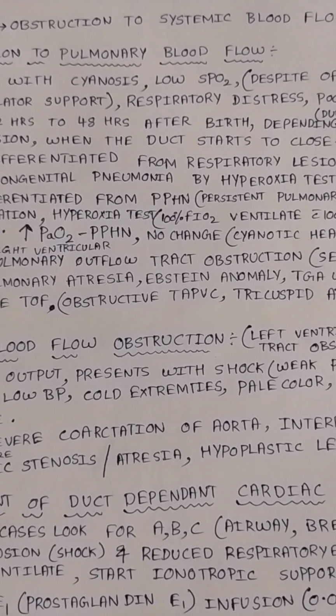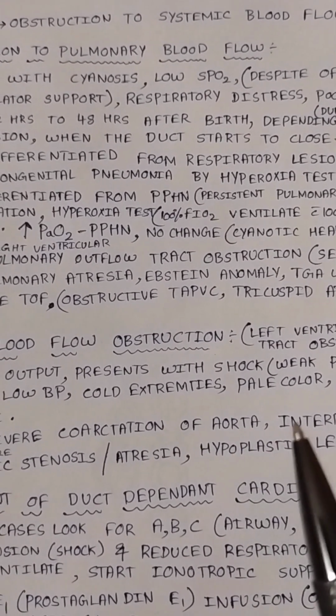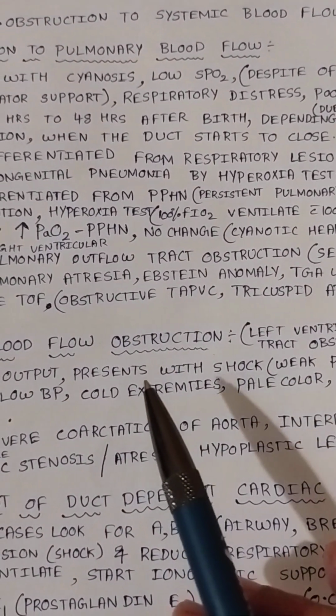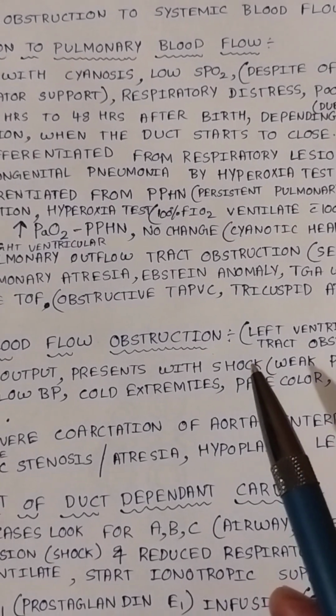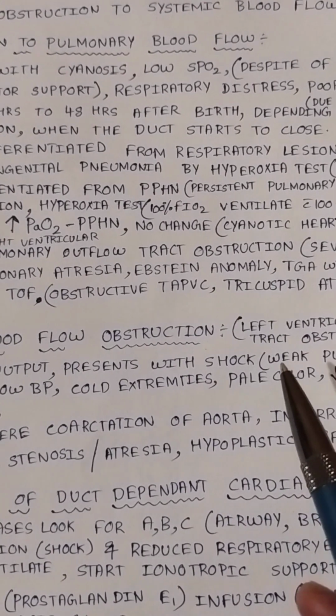But if there is obstruction to the aorta or left ventricular outflow tract, the blood from the heart, even if it pumps, will not go out. Then this is called shock. There is no supply of blood to the different organs of the body. This is known as shock in medical terms.